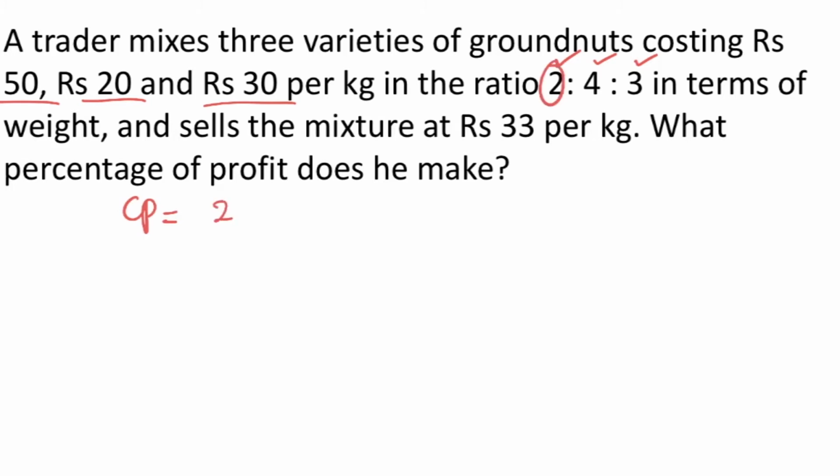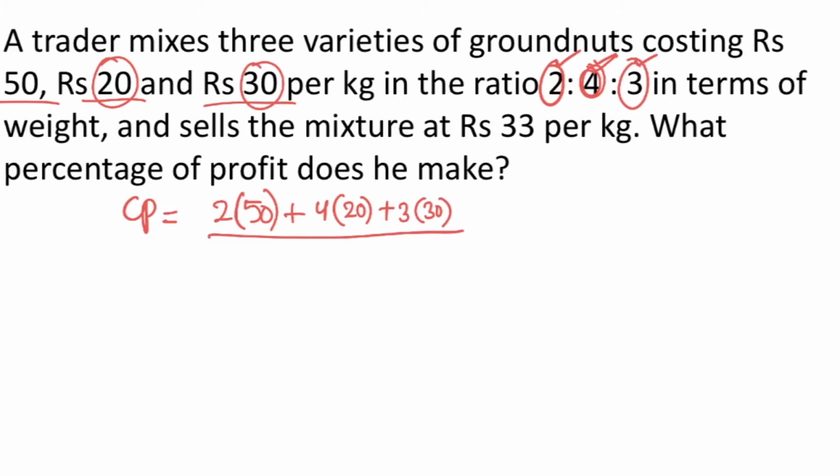2 parts worth 50 rupees per kg, 2 into 50, plus 4 parts worth 20 rupees per kg, plus 3 parts worth 30 rupees per kg, into 30, divided by the total 2 plus 4 plus 3. 2 into 50 is 100, plus 80 is 180, plus 90 is 270, divided by 9, that is equal to 30.